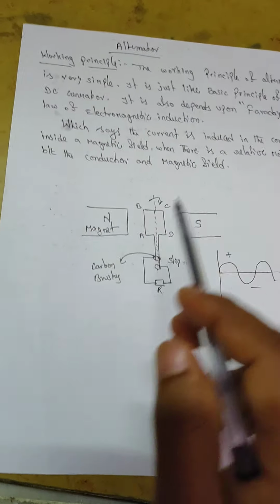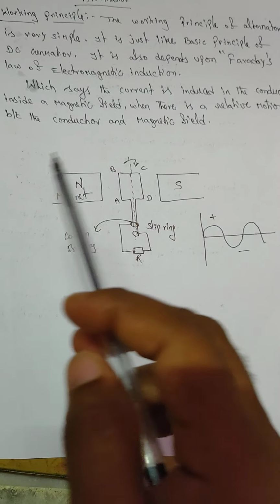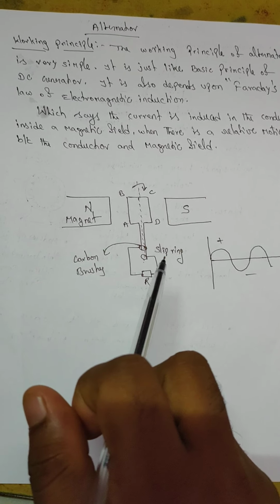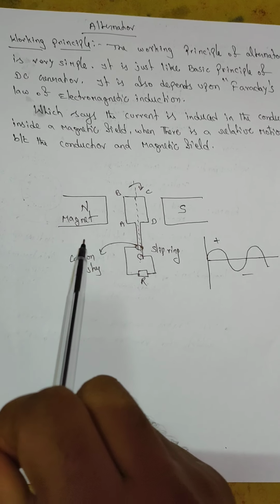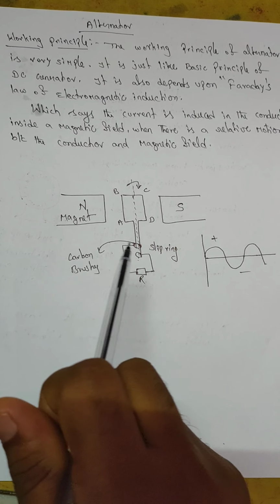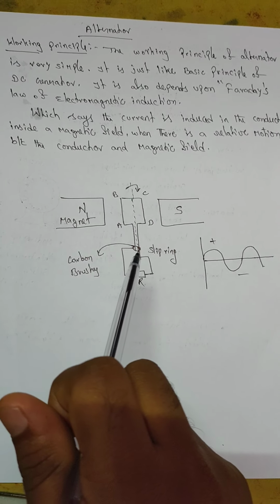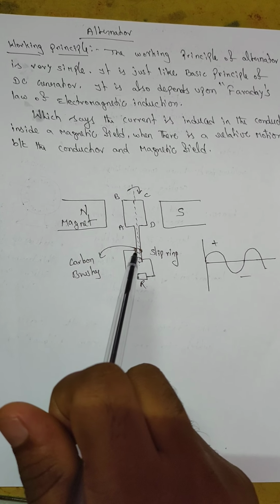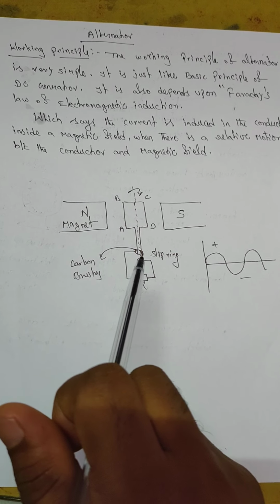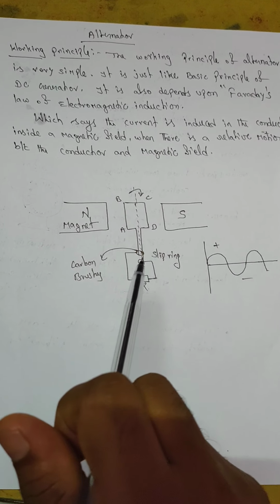Now observe this diagram. Take it as the same as the DC generator, but related to AC. The only difference is that in the DC generator we have a commutator and brushes at the end, and in the AC generator we have slip rings.